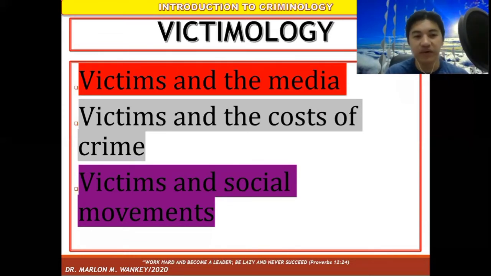What are the pain and suffering caused by the offender to the victim? What would be the appropriate penalty to be given to the offender? The consequence brought about by the crime committed. And then victims and social movements will talk about how our community reacts to the action made by the offender, and how the community will also provide help to the victim.